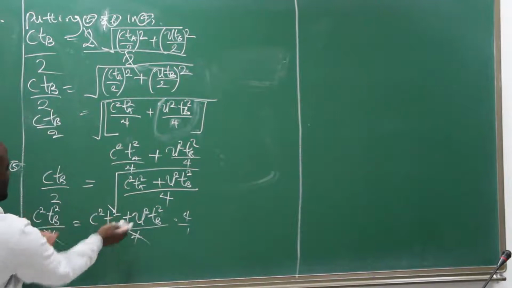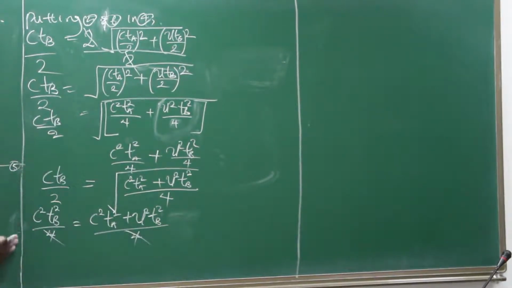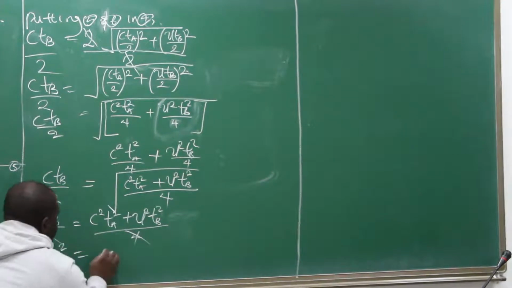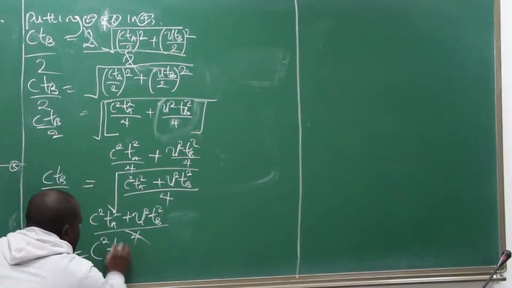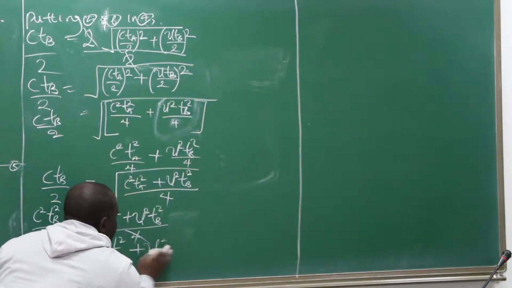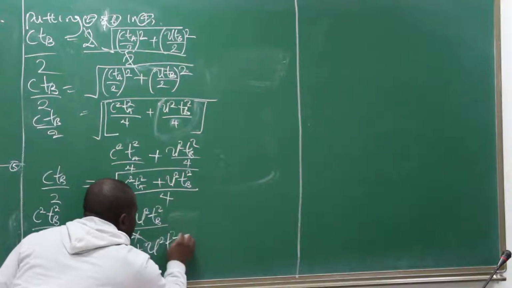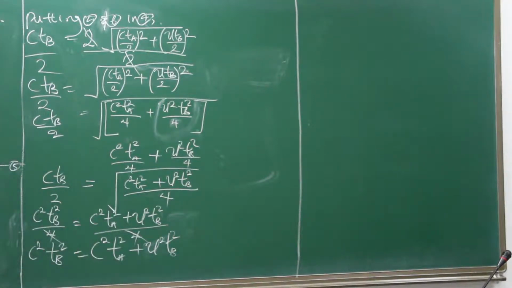So now this whole thing becomes c squared tb squared is equal to c squared ta squared plus u squared tb squared. Now we have something like this.